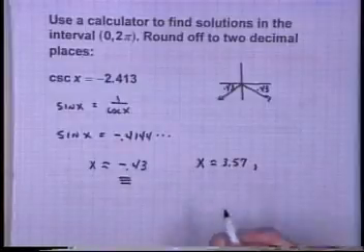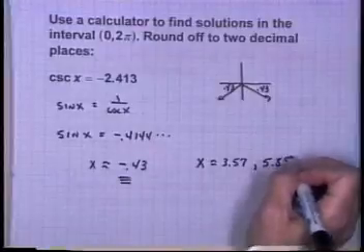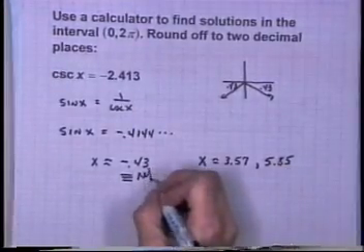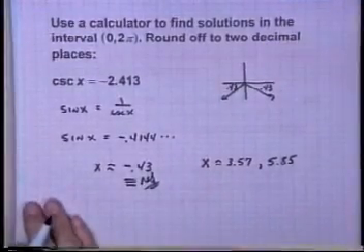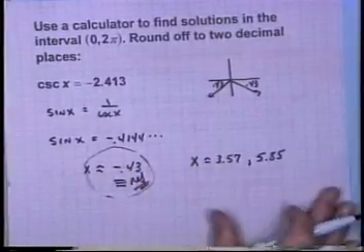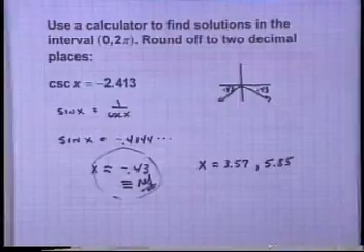That's about 5.85, it looks like. Again, you may vary just a little bit on this round off depending on if you keep all of this in your calculator or if you round it off and then do the calculations. But keep in mind, this calculator first thing that we got is only going to be a reference.